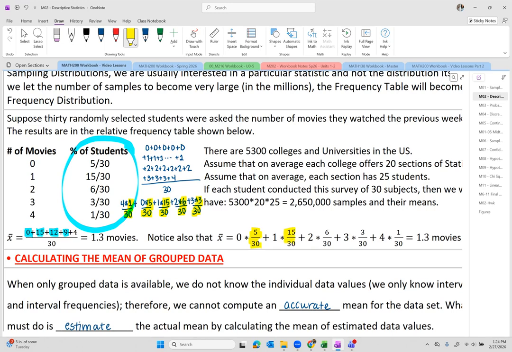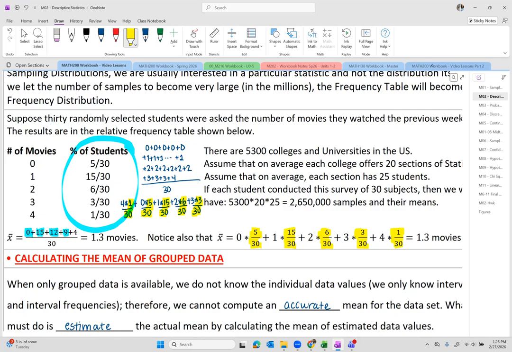So there is another way of calculating the mean of the sample, and that is to multiply every data value with the relative frequency, or the proportion of values that we end up getting in our sample, and that also will equal 1.3 movies.